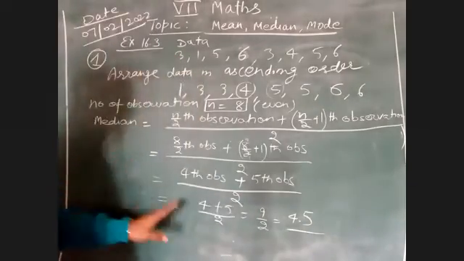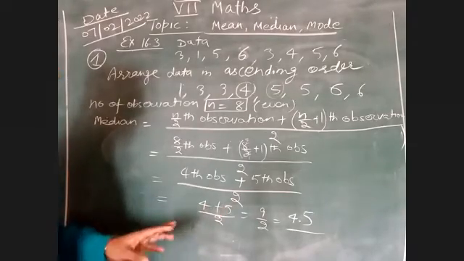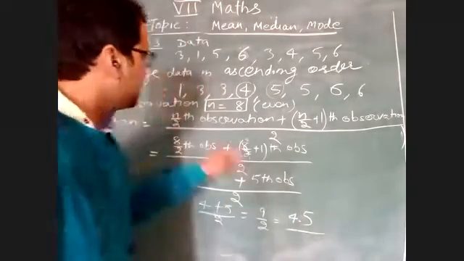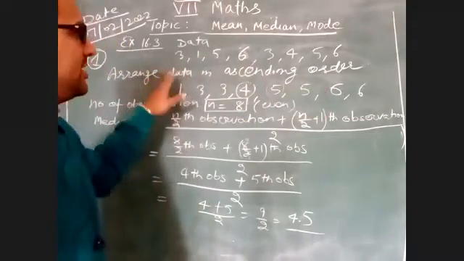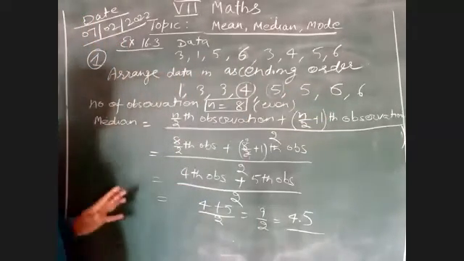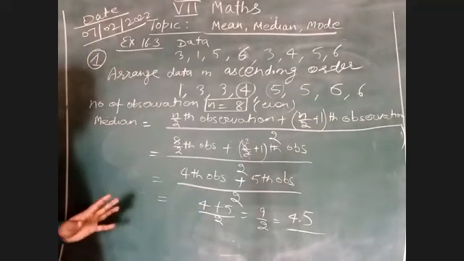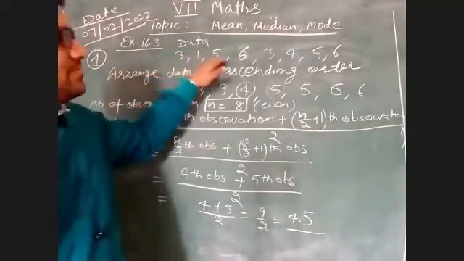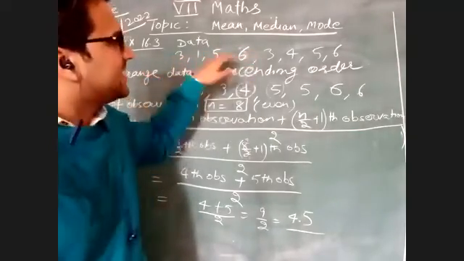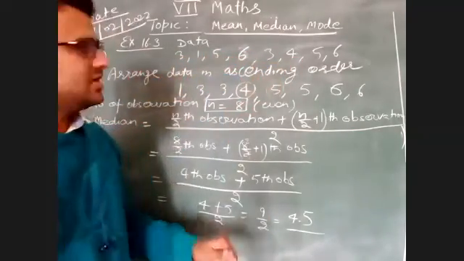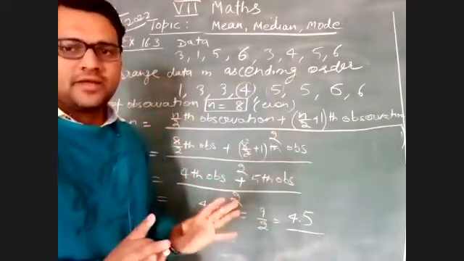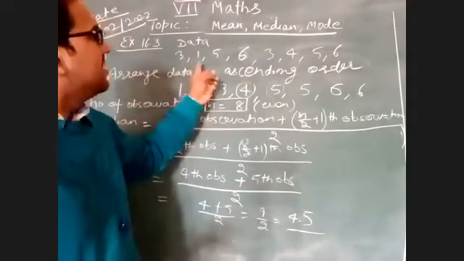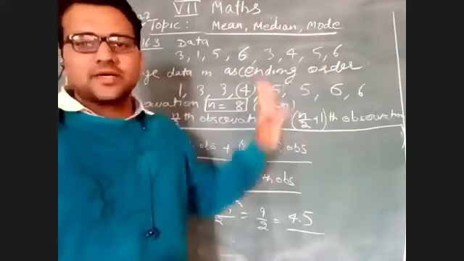So this is the median of the data, and you are observing that the 4.5 value does not lie in the given statement in any observations. So it is clear, and I am repeating this point again: the median may or may not lie within the data, among the observations. It is not necessary that it is one of these numbers. It may lie outside this data.